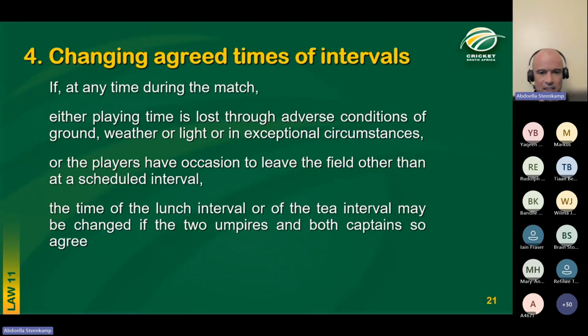They allow this flexibility, but only through adverse conditions, let's say rain or bad light. You can adjust your lunch and your tea interval if both umpires and captains agree. This is what 11.4 allows us. It allows that flexibility to the umpires and to both captains. And they both need to agree, especially the two captains, if we are going to allow for a change of our lunch or our tea interval.